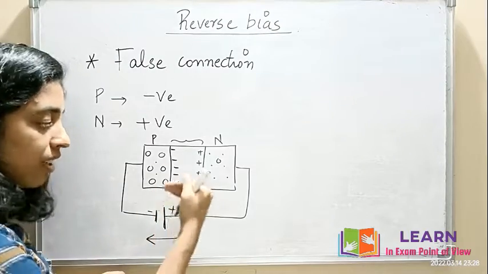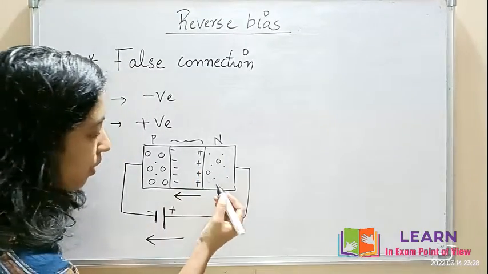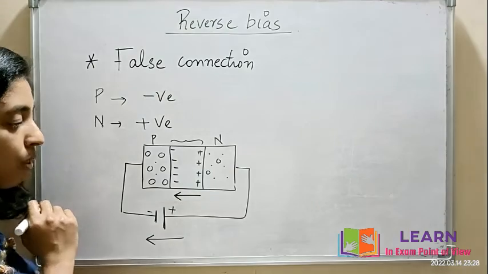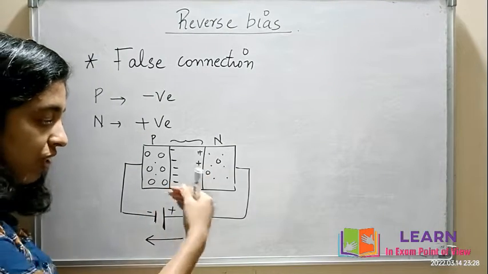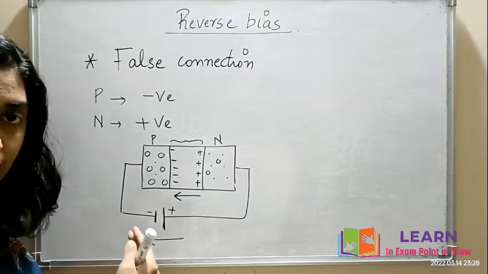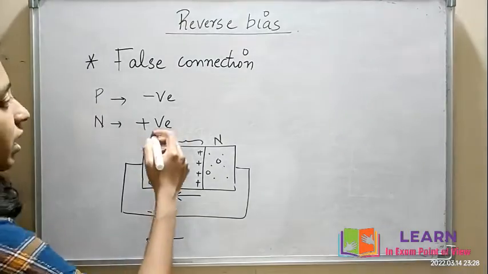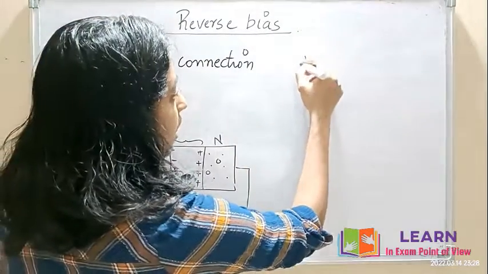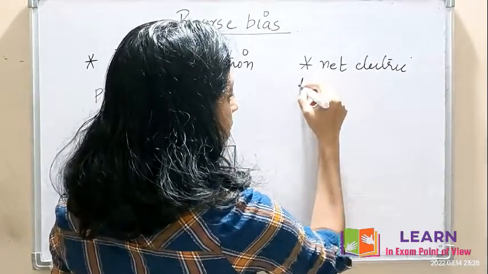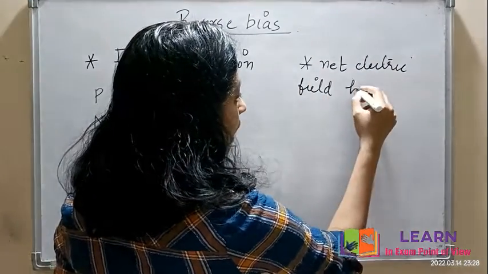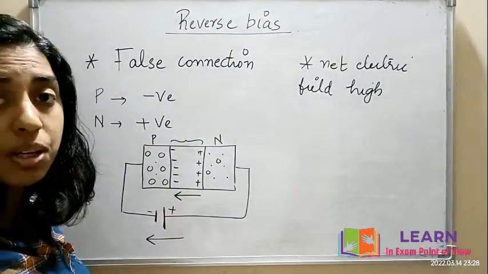Internally in the depletion layer, there will be a potential created and that electric field will be always from plus to minus. In this case, both the electric fields are directing towards the same direction. That means the net electric field will be high in this case, right? So the second point you can note it as here, the net electric field will be high. It will get added up. So the net electric field will be high.